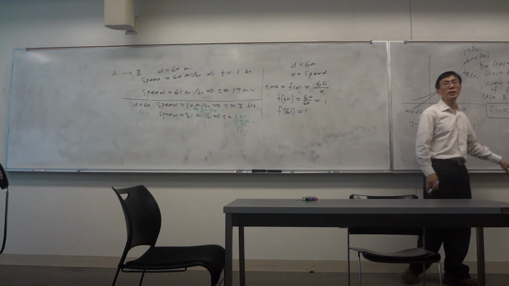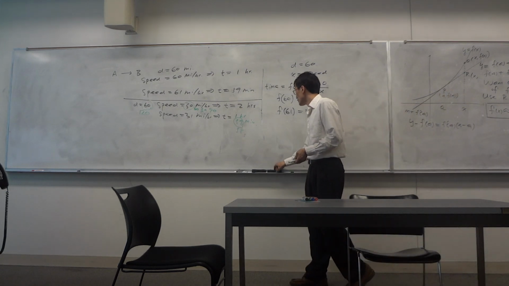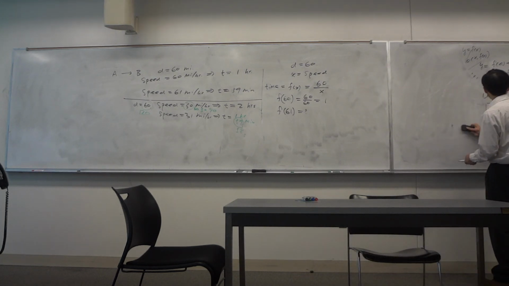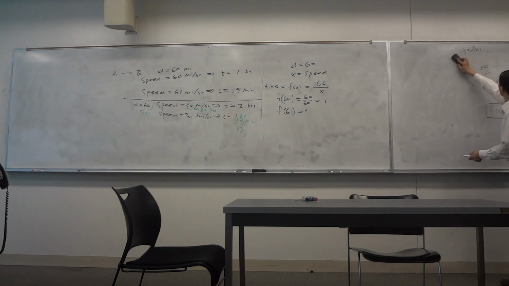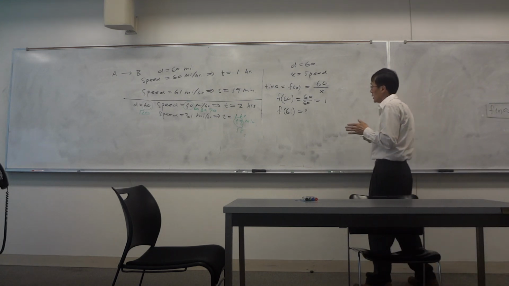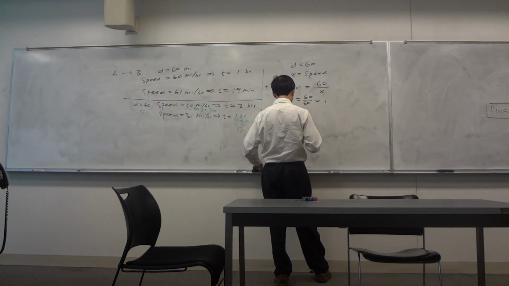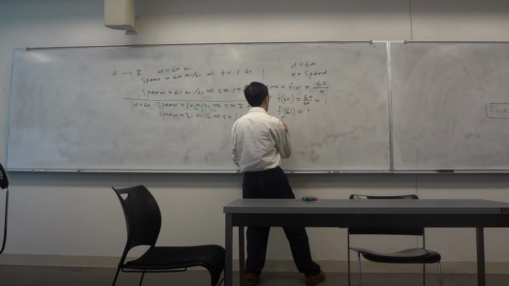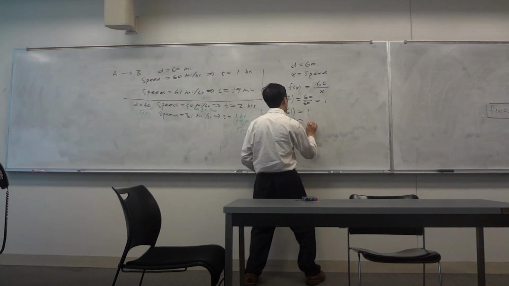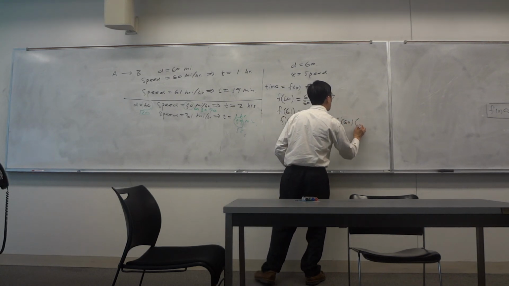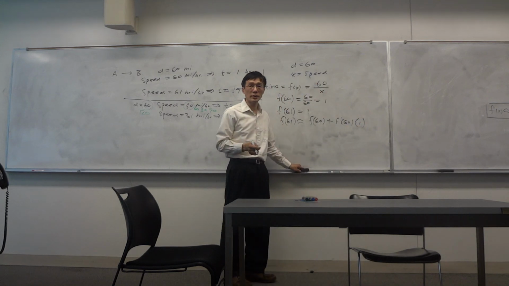That's exactly the situation we have over here. Therefore, let's apply the formula to this situation. I'm going to erase this and just keep the box here. So f(61) should be approximately equal to, this is a question mark here, by the formula, f(60) plus f'(60) times 1, since 61 minus 60 is 1.